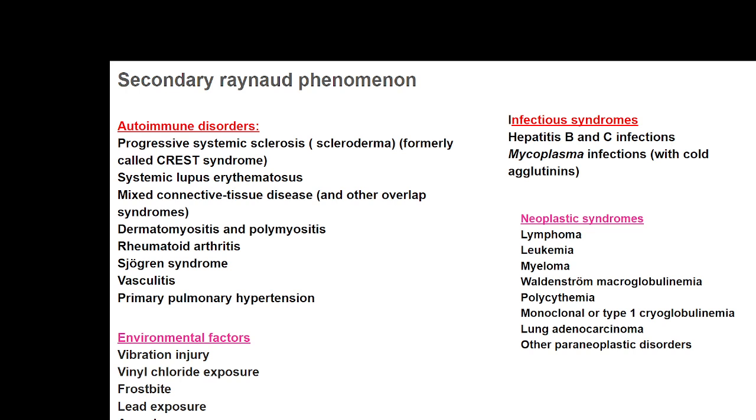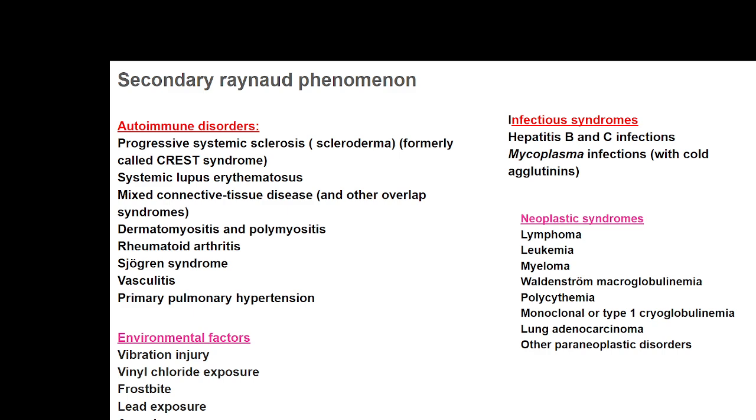The other exact causes of secondary Raynaud's phenomenon, which are listed as such, are, among the autoimmune disorders, progressive systemic sclerosis or scleroderma, which was known as CREST syndrome earlier. SLE, as I told you, accounts for 90% of the conditions.